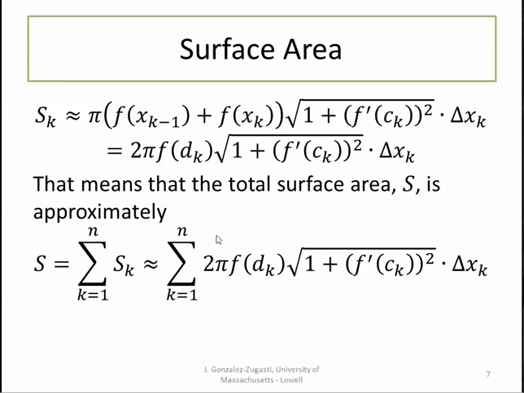All right, so that means that the total surface area is equal to the sum of the surface area of our slices. Those are approximately equal to the sum as k goes from 1 to n of this formula.